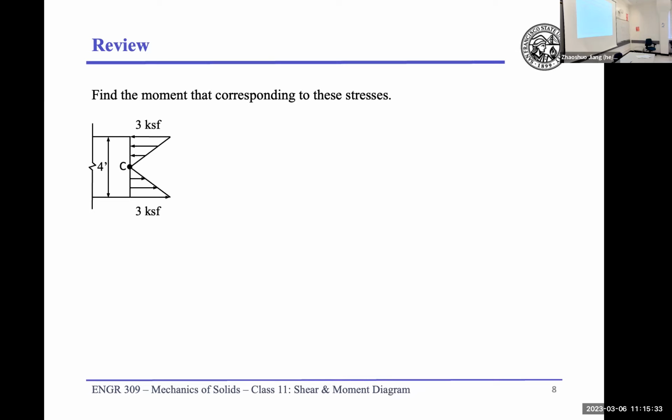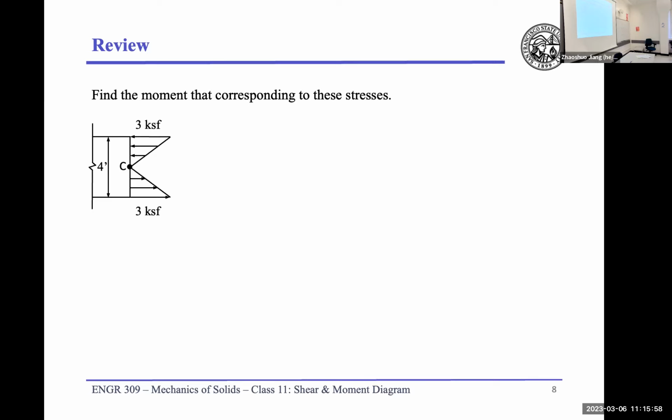So your equivalent point load is like this. If you rotate this 90 degrees, is it similar to that? So where is the equivalent point load? Right, one third here.